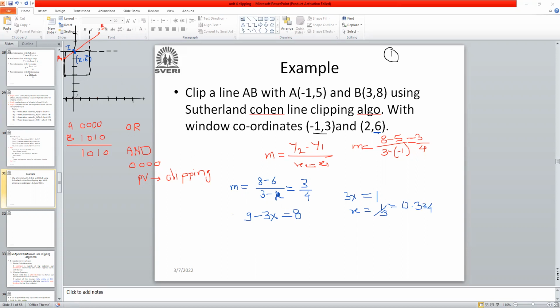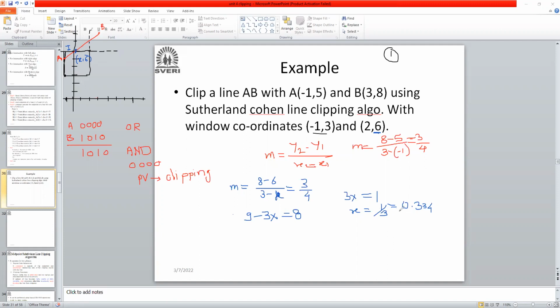So I can see here the intersection between the window and the line is having x value 0.3. So it is somewhere over here. So that is your intersection point.